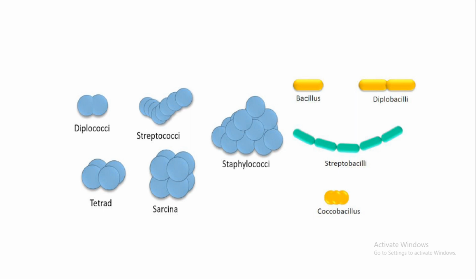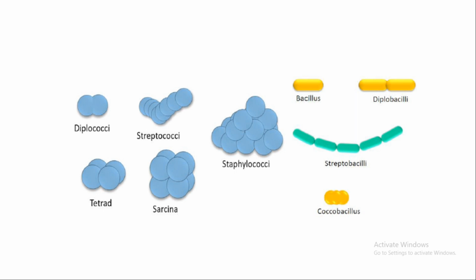A chain of spherical cells is called streptococci, and a chain of cylindrical cells is called streptobacilli. Then you have four spherical cells present in a tetrad arrangement.